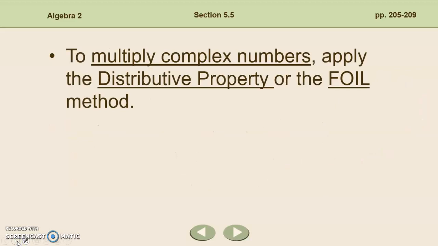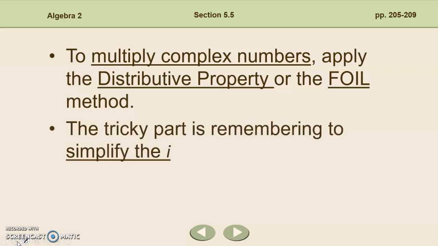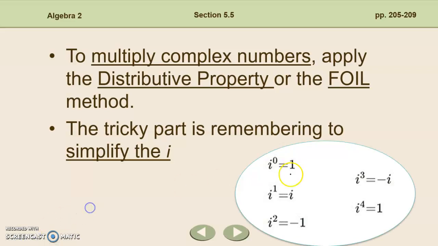To multiply complex numbers, we can apply the distributive property or the FOIL method. The tricky part is remembering to simplify the i. As a quick point of reference, i to the 0 power is 1 because anything to the 0 power is 1. i to the first power is just i. i squared is negative 1.